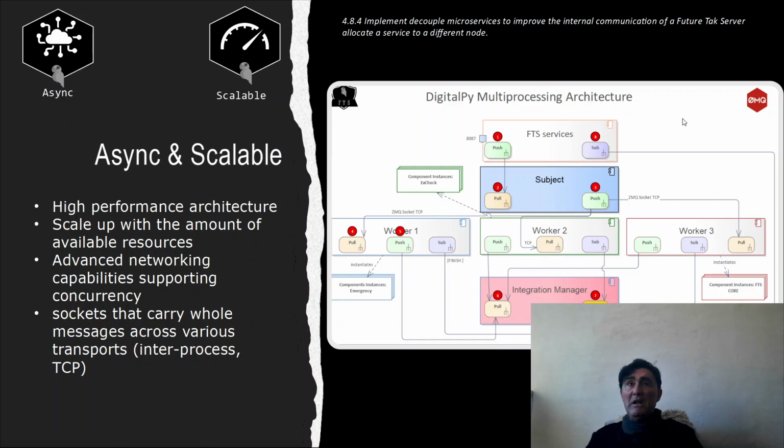So if you remember the architecture of Digital Pi, on the very front we have something called a service. A service can be a TCP service, an SSL service, a protobuf service, and it exposes a port to the outside world.